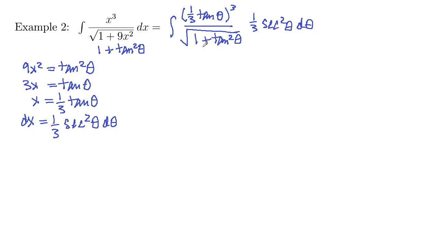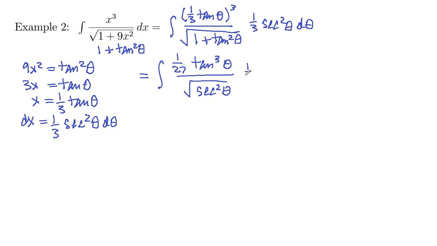Now 1 plus tangent squared is secant squared. So this will be the integral, and in the numerator, let's cube the 1/3, that's 1/27th, and then cube the tangent, tan cubed theta. Now the square root of 1 plus tan squared is the square root of secant squared theta.